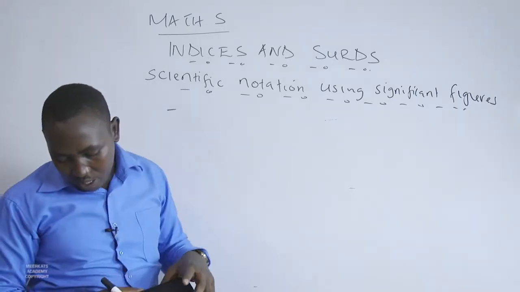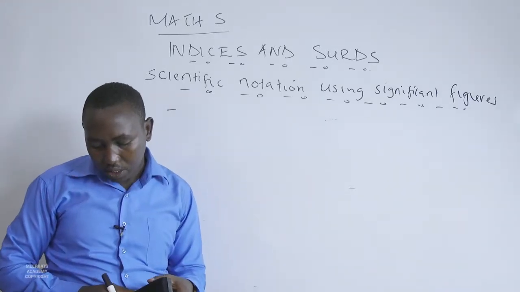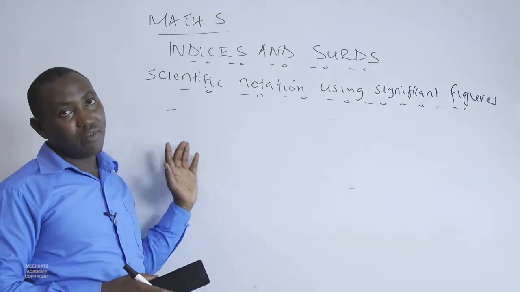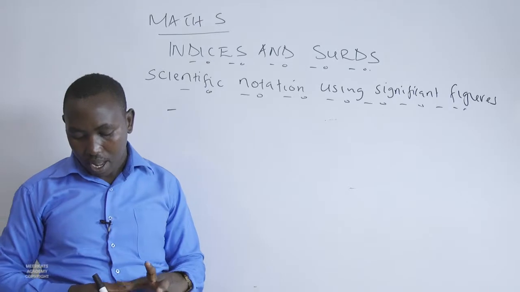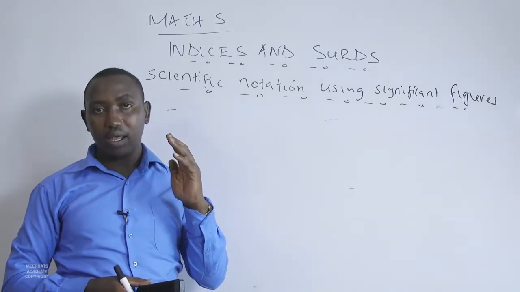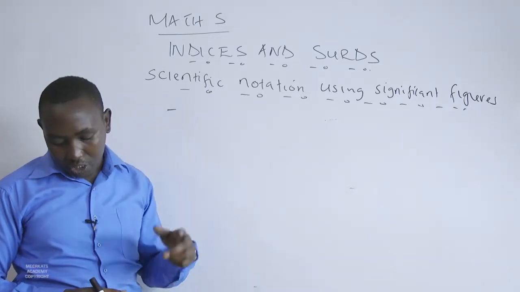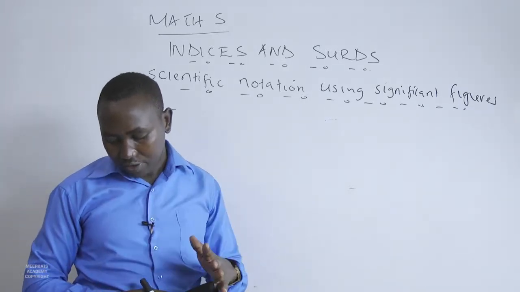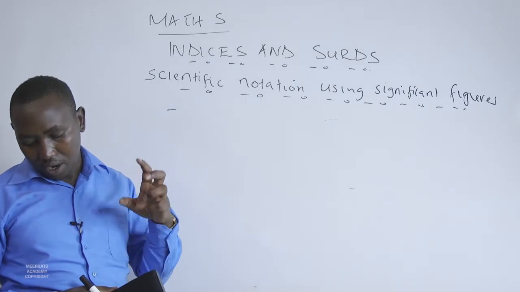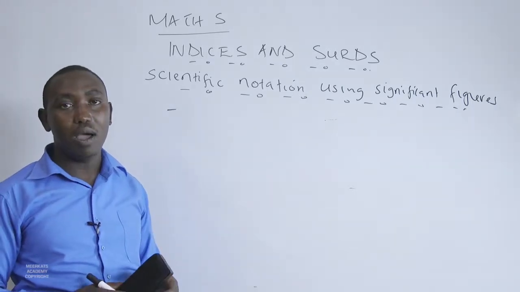We can also have another concern: whenever we are using scientific notation, we only consider the first significant figure, which is sitting on the left of a decimal point.